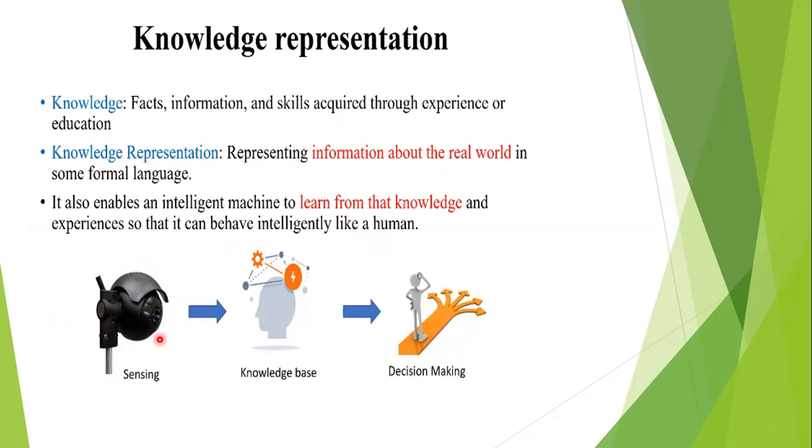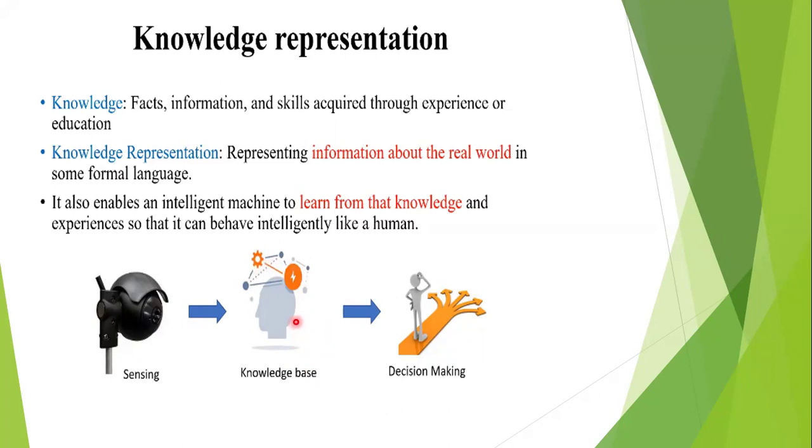The sensing work will be done by the AI system, and to take the decision it will ask the knowledge base. The knowledge base will act like a brain. So what is the general rule for a red signal? If the pedestrians want to cross the road and there are vehicles, then we have to give the red signal.